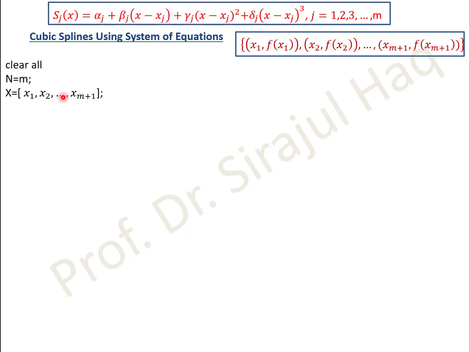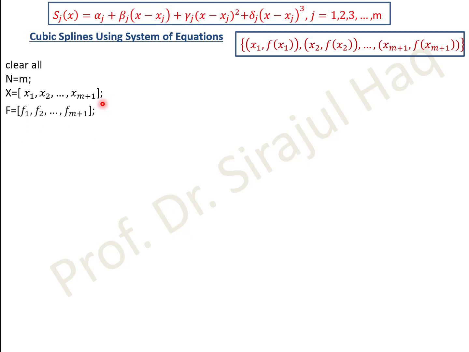You have to write all the points x1, x2, x3, x4, x5, the complete points, over here. So this is a vector. These are the values of the xi's which MATLAB will give you. If you say x, then MATLAB will display x1, x2, x3 up to x of m plus 1.